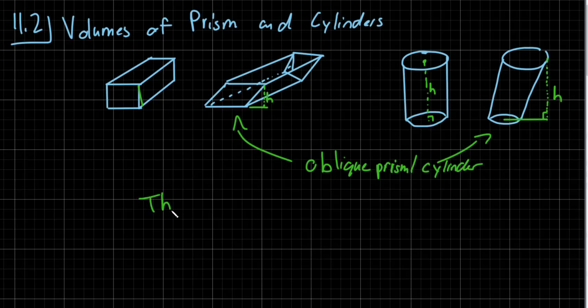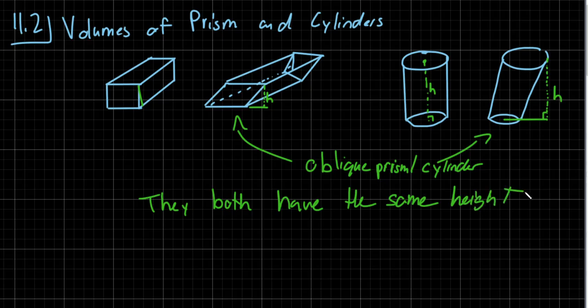They both have the same height. So my formula for a prism is volume equals base times height. So if the height is the same and my base stays the same, these volumes are going to also be the same.